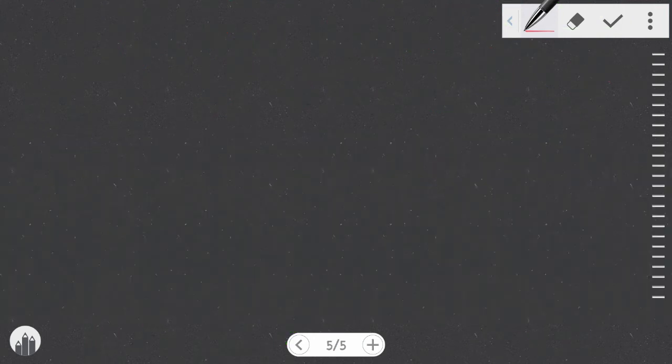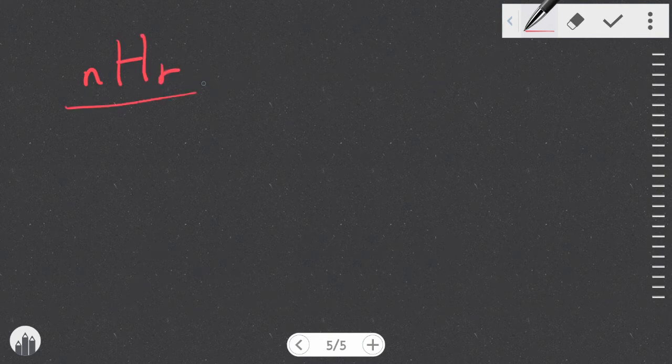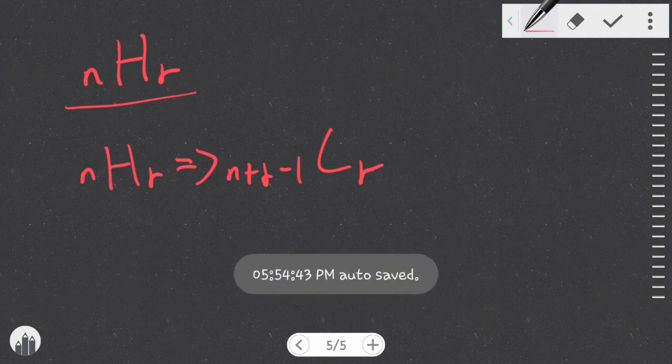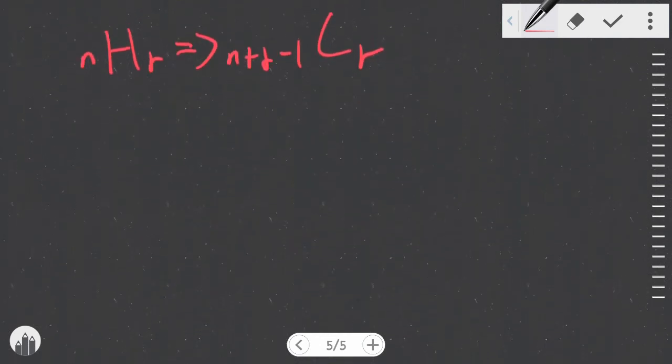Now, let me clarify how nHr works. The definition of nHr is that from different sets of n, you allow repetition and you're choosing r. That's what nHr means. And if you change this into a mathematical equation, as previously mentioned, it becomes n plus r minus 1 C r. So now let's try solving the problem.